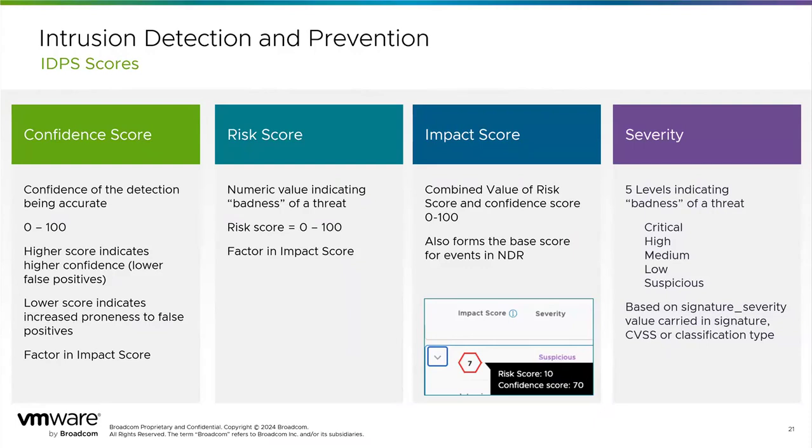So when you have the impact score combined of the risk score and confidence, you're basically evaluating the overall exposure and severity that this accrues to. The 5 levels indicating badness of a threat are critical, high, medium, low, and suspicious, based on the signature severity value carried in the signature, CVSS, or classification type.